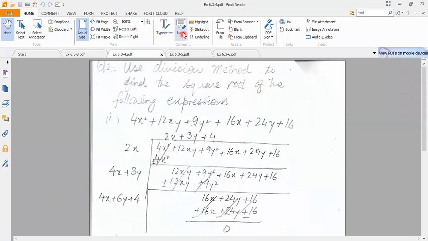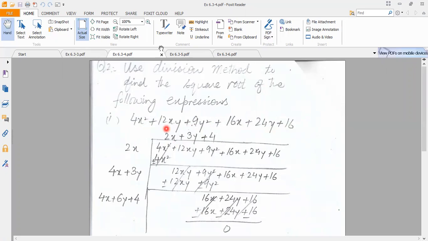Only one polynomial expression is given to us, no other. This is 4x square plus 12xy plus 9y square plus 16x plus 24y plus 16.